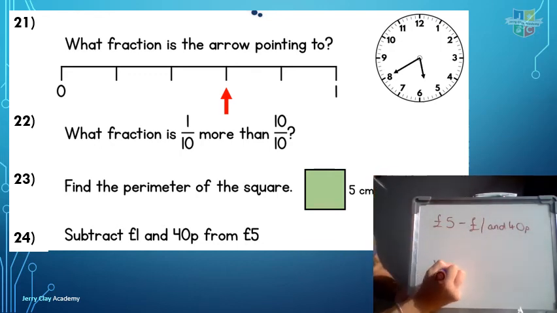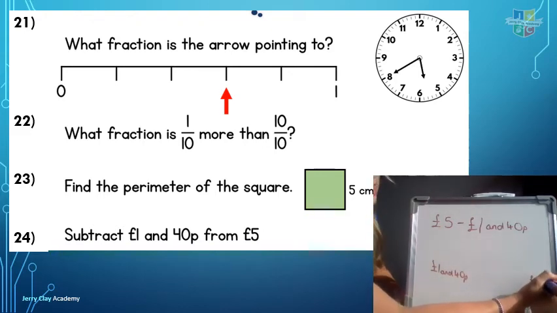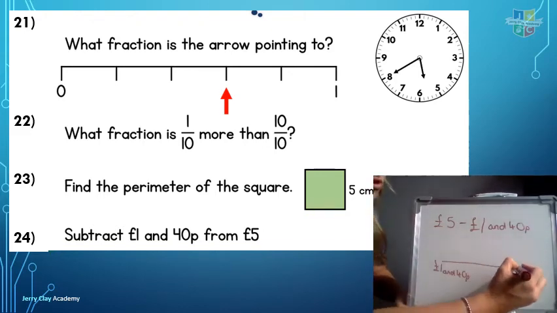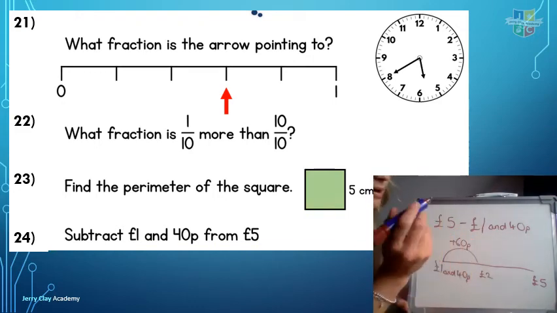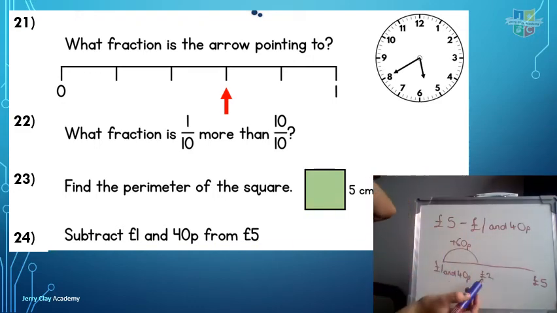You could have put £1 and 40 pence on one side. You could have said you were wanting to get to £5, so if I draw my number line, because I'm already at £1 with 40 pence, I'm going to go to my next pound, which is going to be £2. And I know there are 100 pence in a pound, so if I do 40, I'm going to add 60 pence, because it's my number bonds to 100, to get to £2.